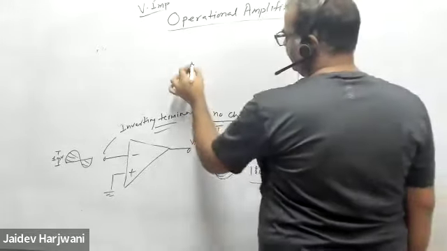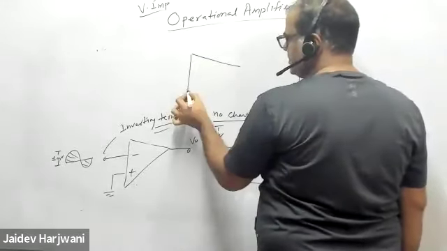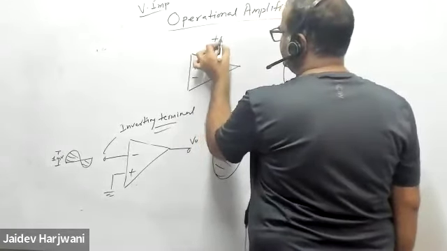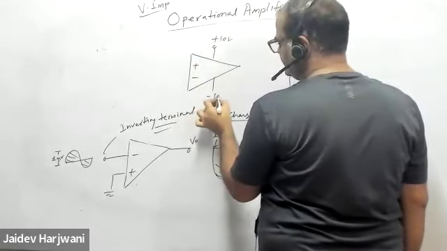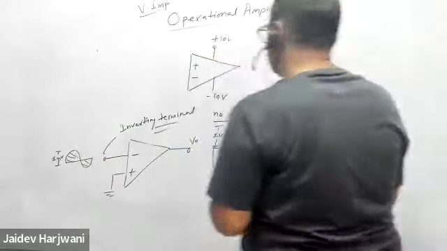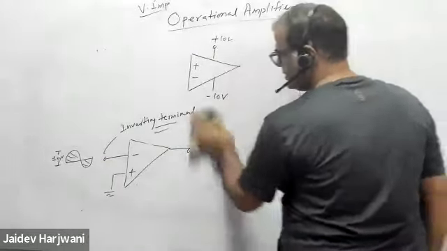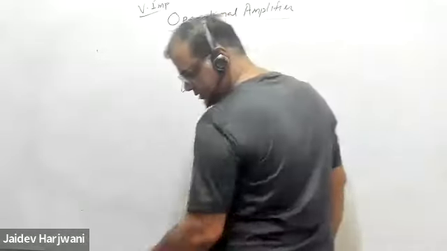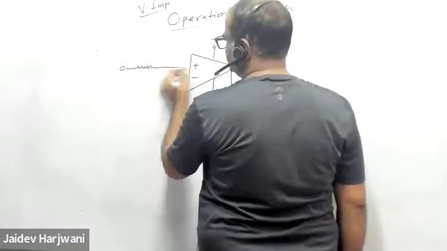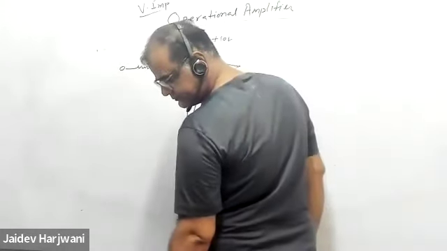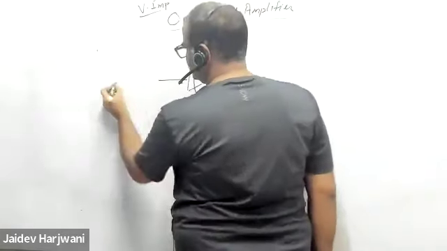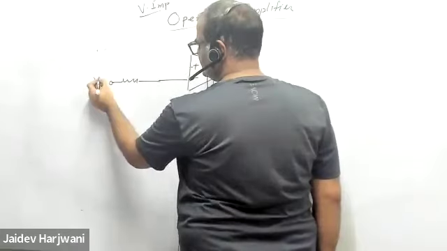Now say you have an op-amp with plus and minus terminals, supplied with plus 10 volt and minus 10 volt. You're applying some resistors there. Here, some resistor is there, and the V input is there.